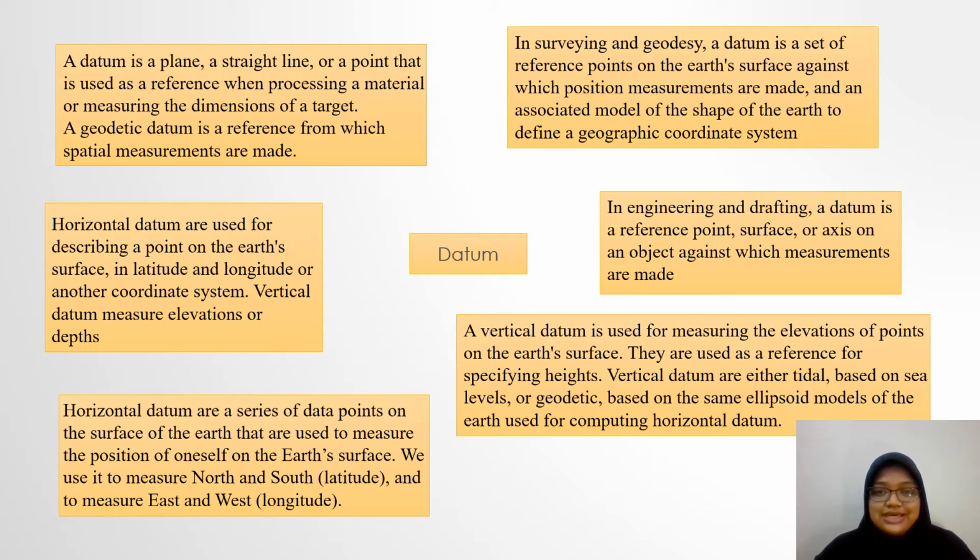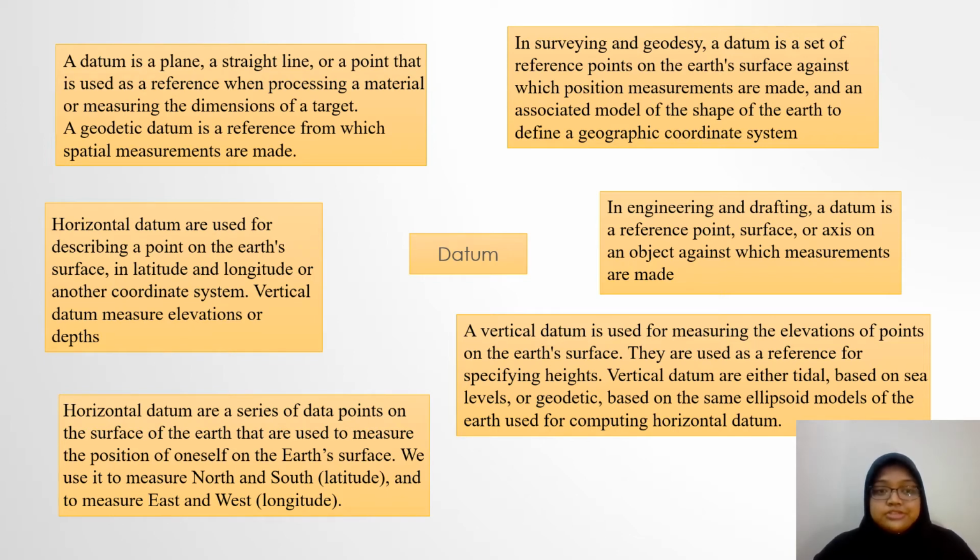In surveying and geodesy, a datum is a set of reference points on the Earth's surface against which position measurements are made, and an associated model of the shape of the Earth to define a geographic coordinate system. Next, in engineering and drafting, a datum is a reference point, surface, or axis on an object against which measurements are made.